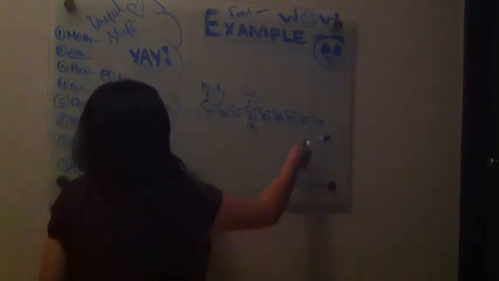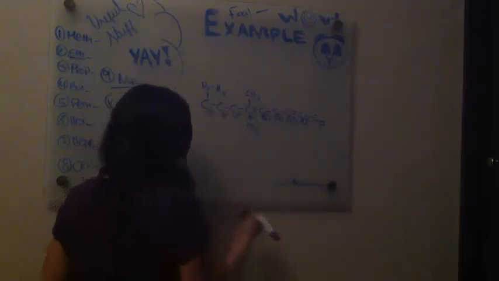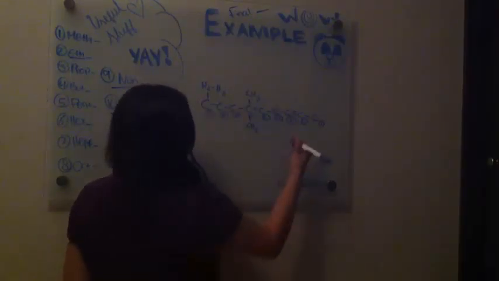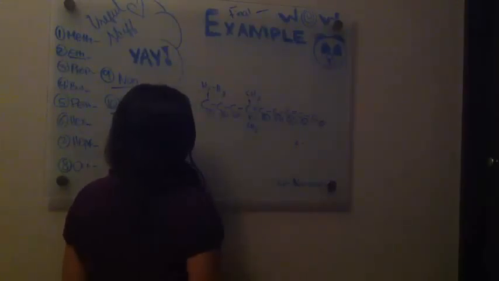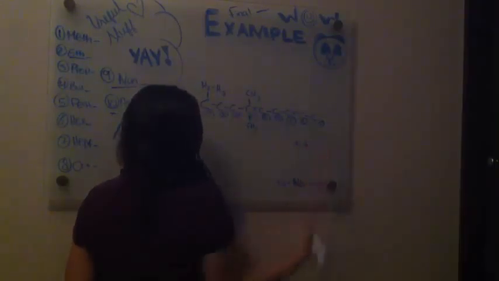So we search for that branch. Oh, it's in number 6. Okay, we put 6, comma 6.